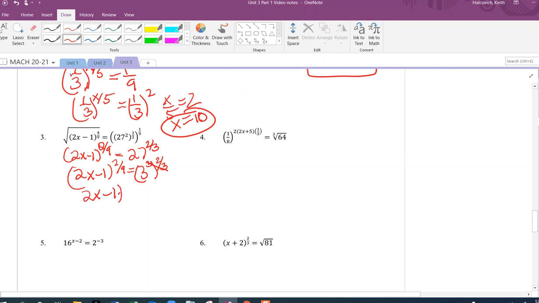So 2x minus 1 to the 2/9 equals 9. Then we can raise it to the reciprocal power. So raise it to the 9/2. So it is 2x minus 1 equals plus or minus, and 9 to the 9/2, that's 3 squared to the 9/2.